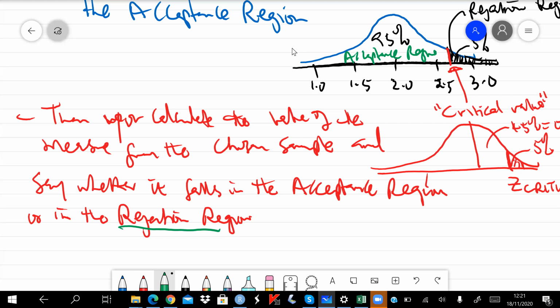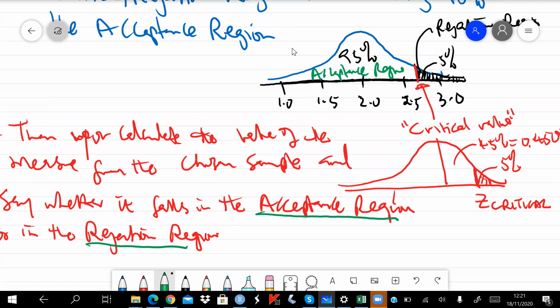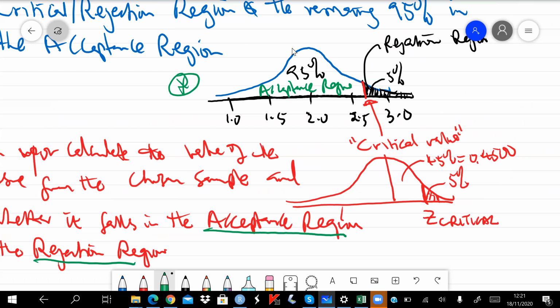So after you set up your acceptance and critical region like this, you pick a random sample from the population of interest. Then you compute X bar. For instance, these are values of X bar. You calculate X bar from that sample, and then you locate it along this line.